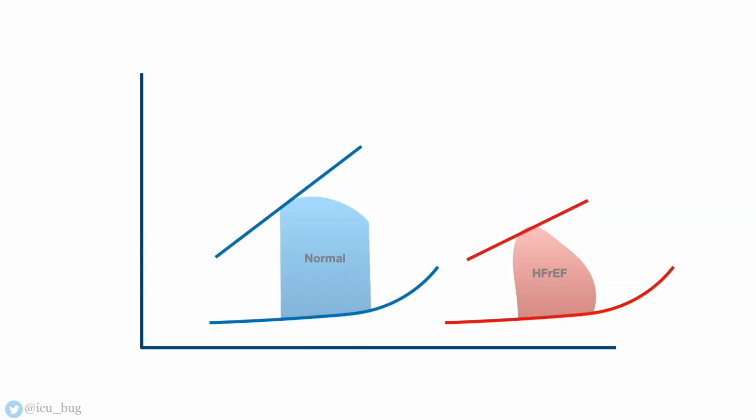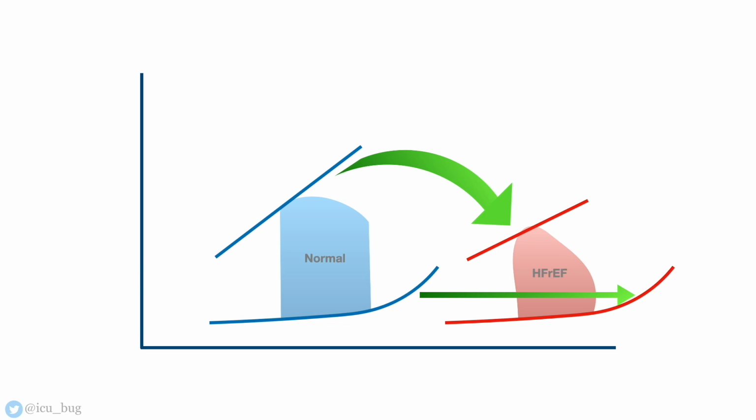If we compare the pressure volume loop of a normal heart with that of a heart failure patient with reduced ejection fraction, we can see that the end systolic pressure volume relationship has shifted towards the right and its slope, which signifies end systolic elastance, has decreased. We can also see that the ventricle has become much more compliant, as evident by the shifting of the end diastolic pressure volume relationship towards the right with a decrease in its slope.